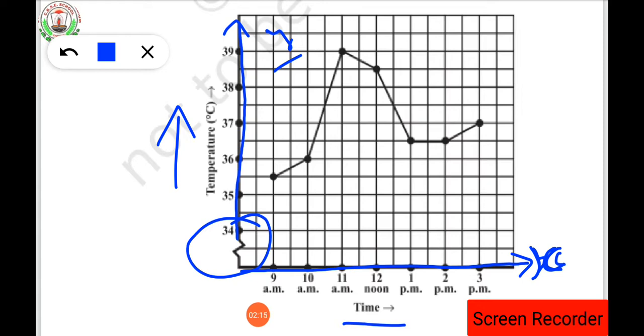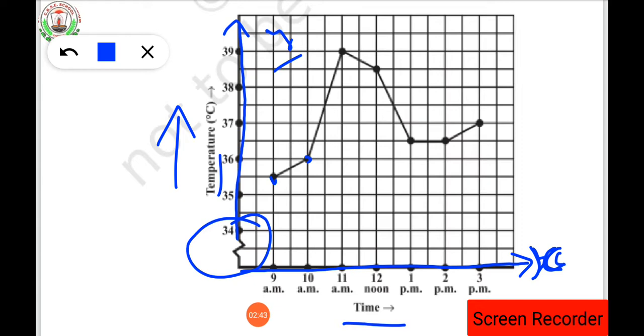So at 9 a.m. the temperature is between 35 and 36. What will be the name of the graph? There is a dot and a line, so it's a line graph. Then at 10 a.m. the temperature is 36.